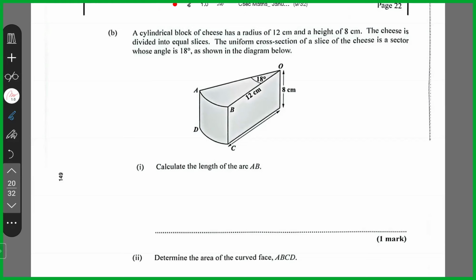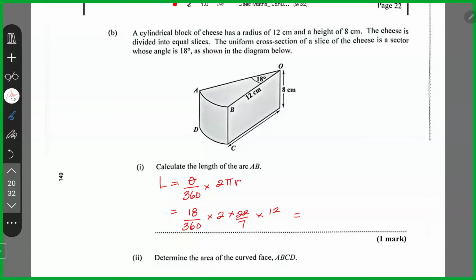Well, that's not hard. There's a formula for it. The length of arc of a sector is theta over 360 times 2 pi r. The sector angle theta, which is 18, over 360 times 2 times 22 over 7 times 12.